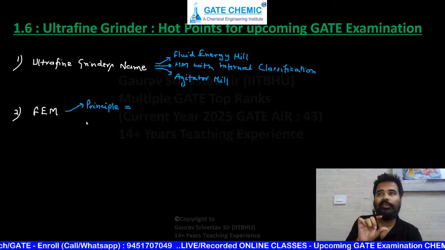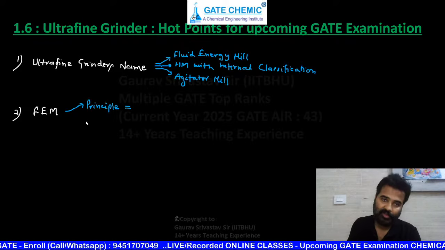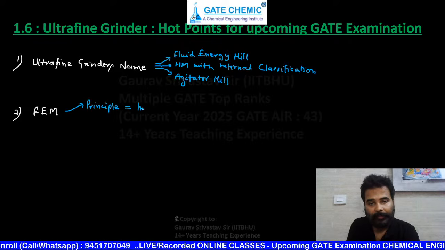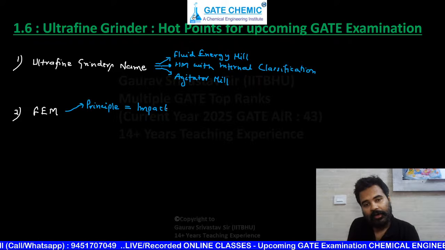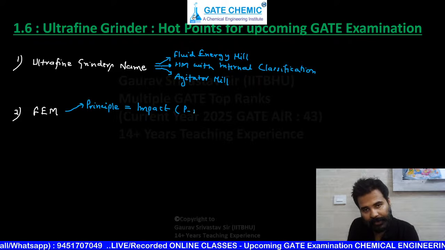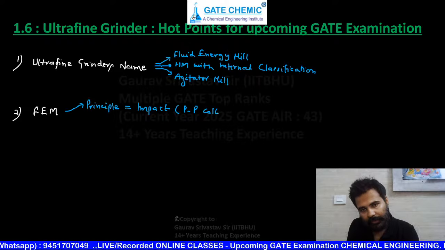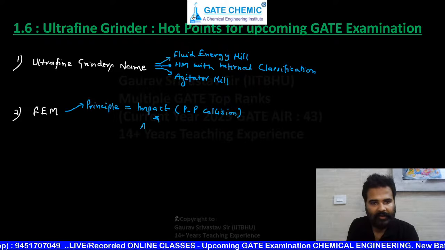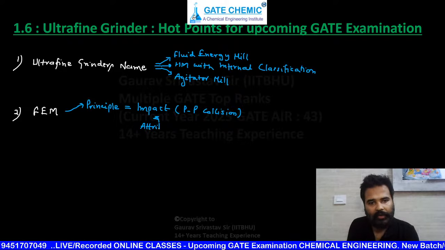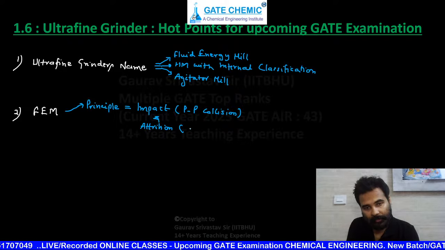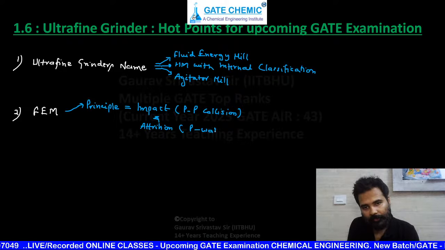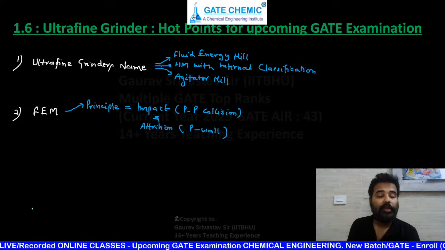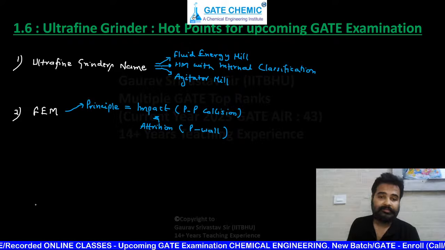So you can say collision, that is impact, and attrition. Impact, how impact? It's particle-particle collision. And attrition, how attrition, beta? Particle-wall attrition. So this is the basic principle of fluid energy mill.